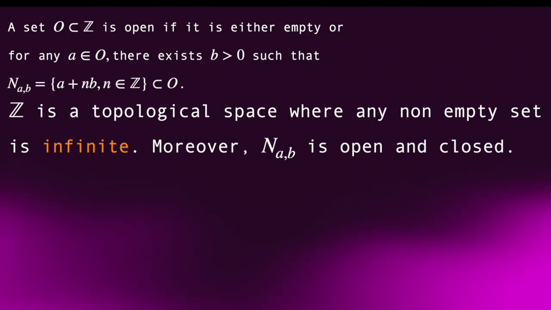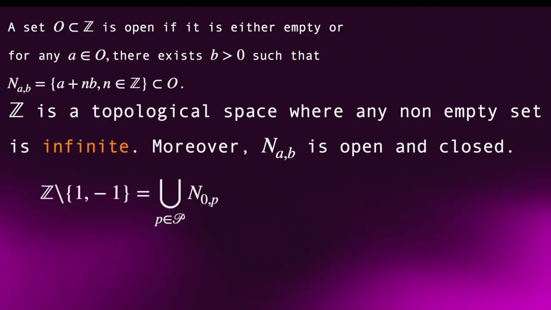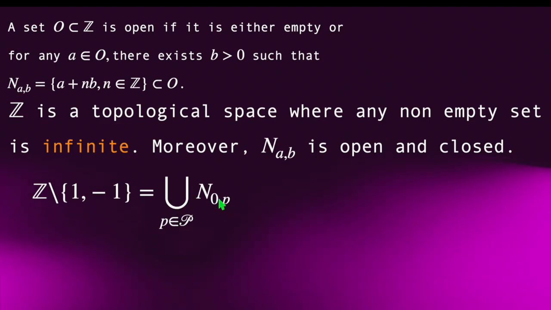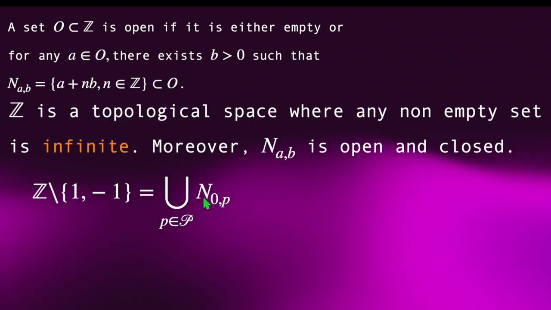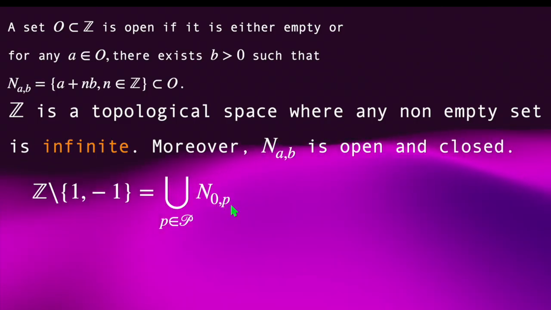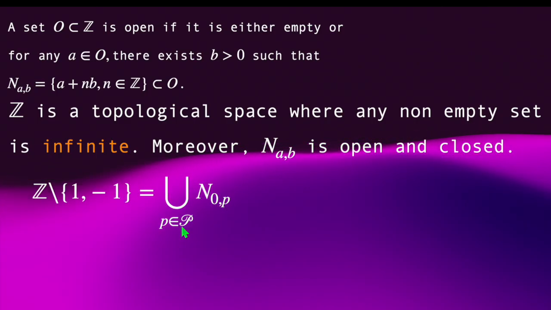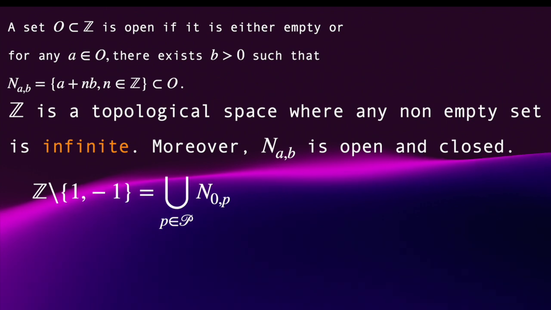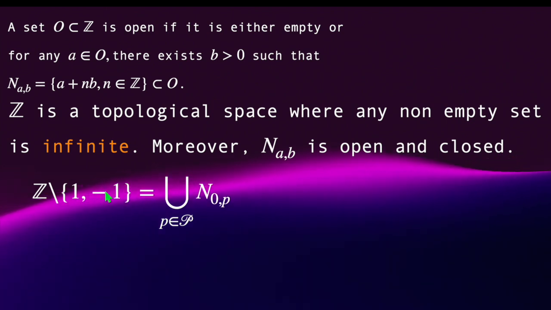This will permit us to conclude, because we have this relation Z minus 1 is equal to the union of N0P, where P runs through the set of primes. So it's clear, because any integer can be written as NP, where P is prime. So this relation is obvious.